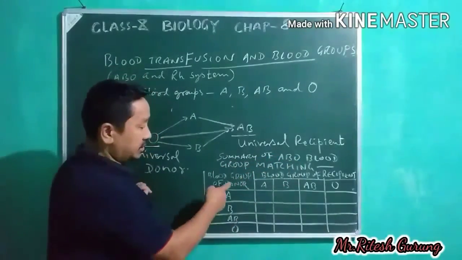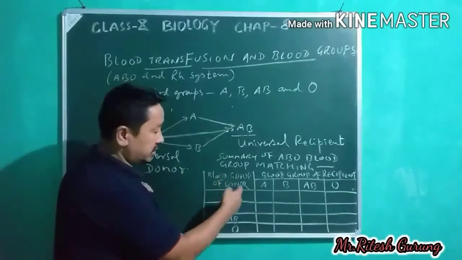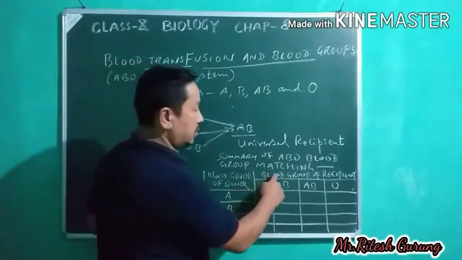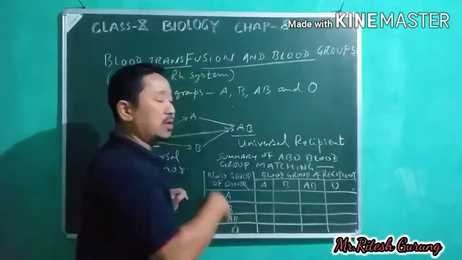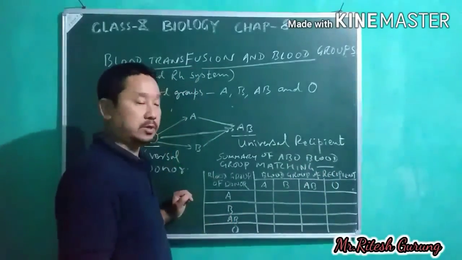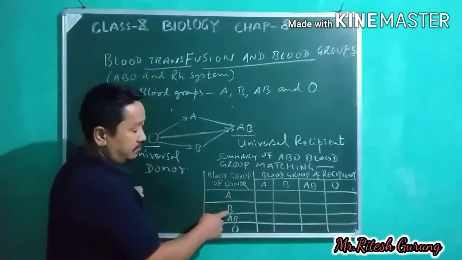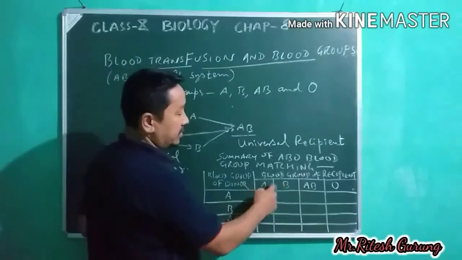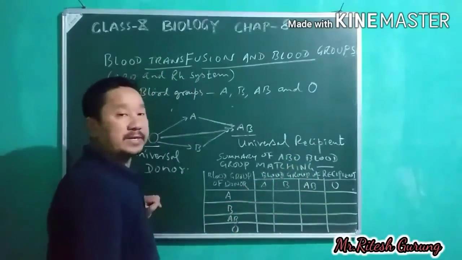See here, this side is the blood group of donor, and this side the blood group of recipient, the persons who need the blood, who are receiving the blood. Blood group of donor A, B, AB and O; and blood group A, B, AB and O of the recipient side.